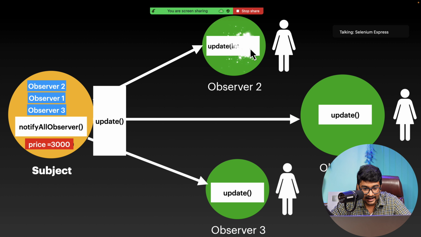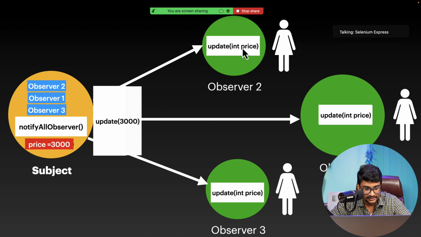For that, if you want, you can also have an update method inside the observers with an int price as a parameter, something like this. So that the subject can make an update call. It can call this update method by passing in the updated value over here. Let's say it's 3000 right now.